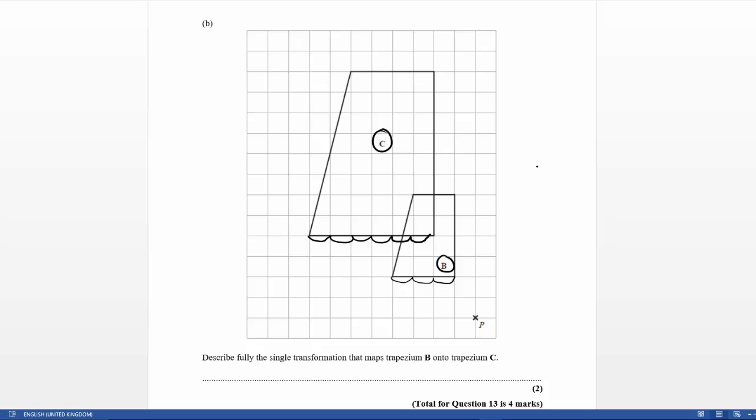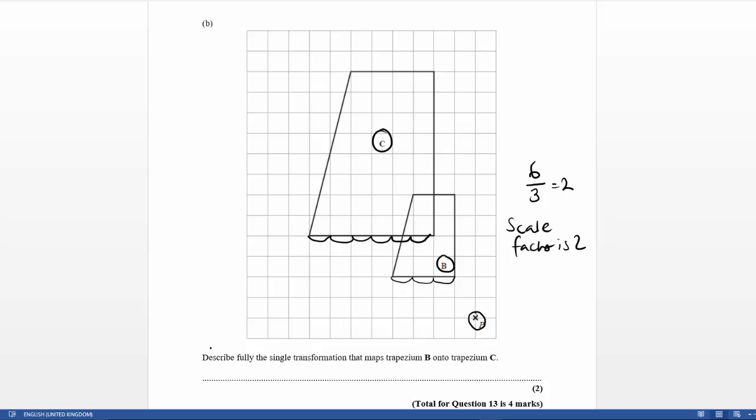Okay, so now we know we can do 6 divided by 3, which equals 2. So I know my scale factor is 2, right? We know that the shape has been enlarged by a scale factor of 2 from point P, right?